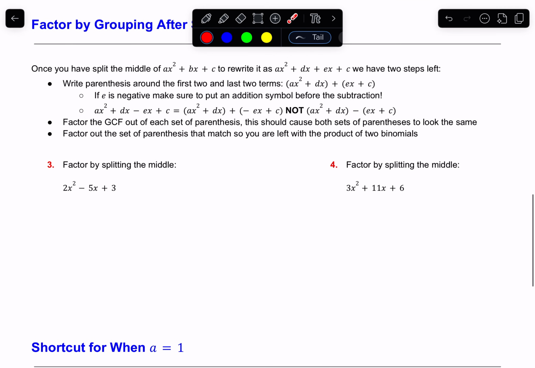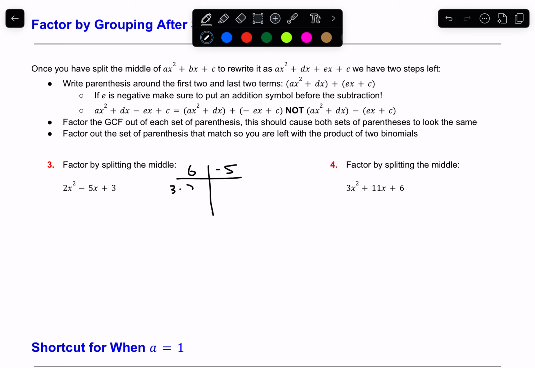So number 3, you might notice it's the same numbers from before. So 2x squared minus 5x plus 3, this looks just like number 1, but I'm still going to start from the top. So 2 times 3, a times c, is 6, and then b is negative 5. I need two numbers that multiply to be 6 and add to be negative 5.